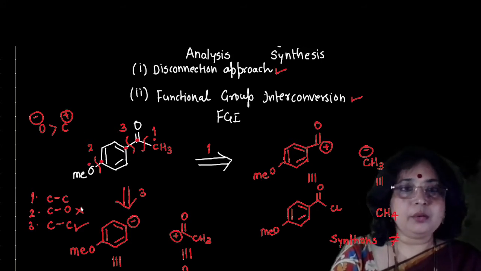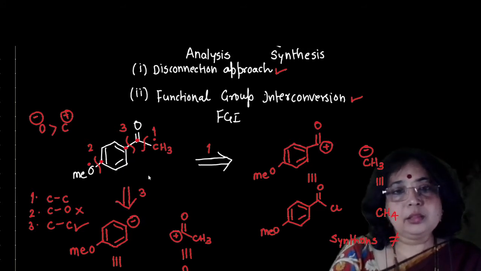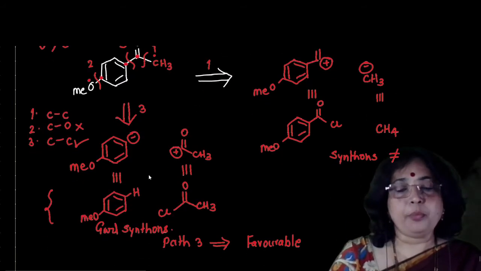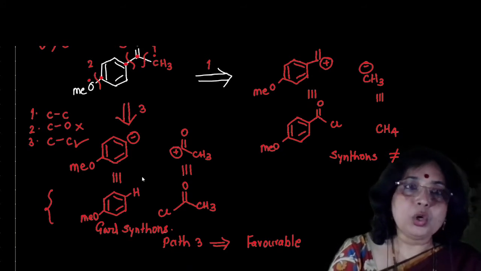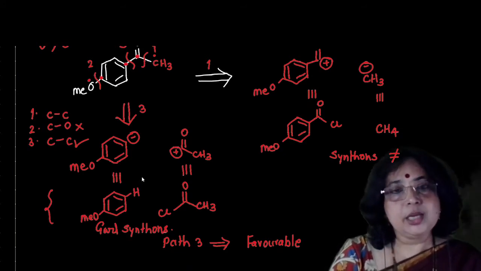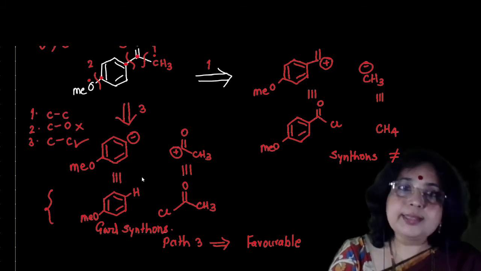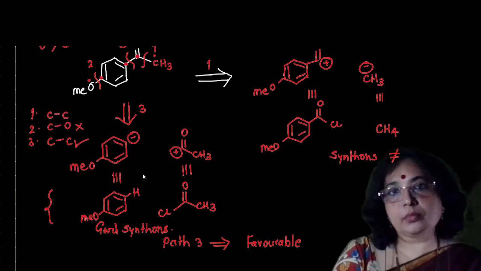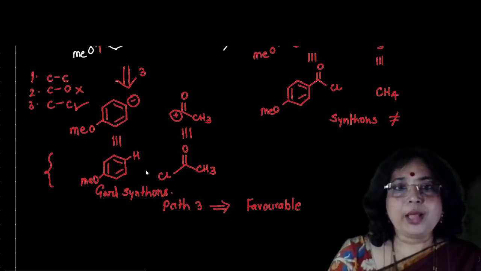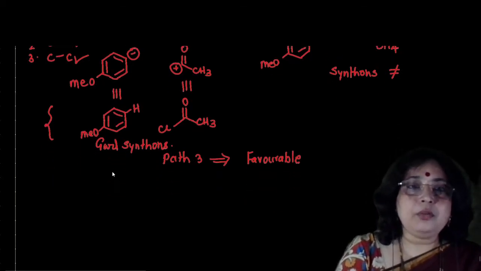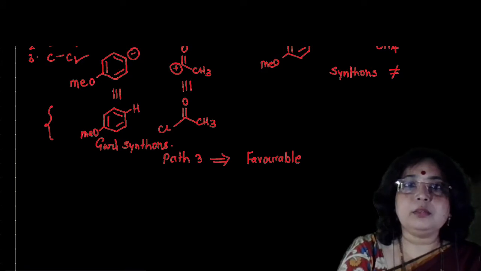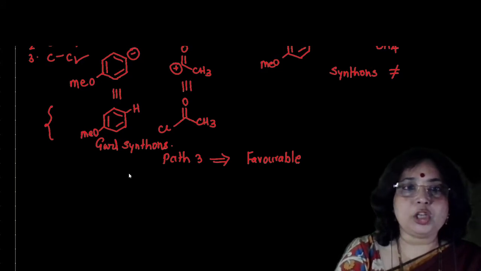Then the third path I have opted for, and I am getting very good synthons with good synthetic equivalents. Such reactions can be easily carried out in the laboratory. Now we have finished the disconnection approach.